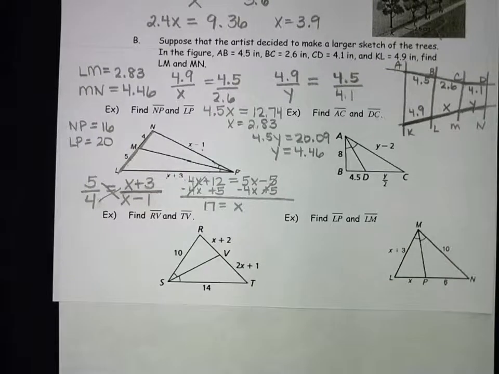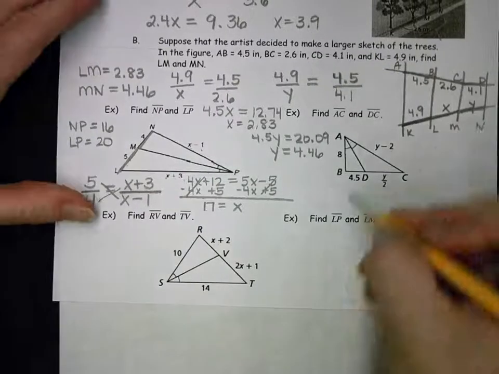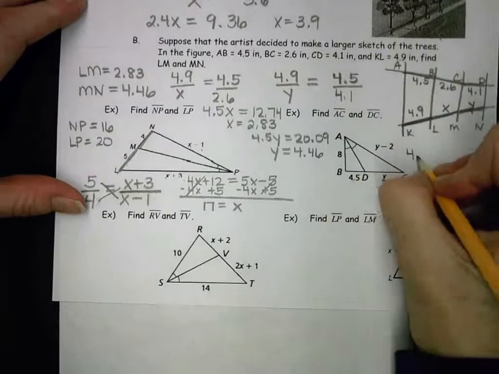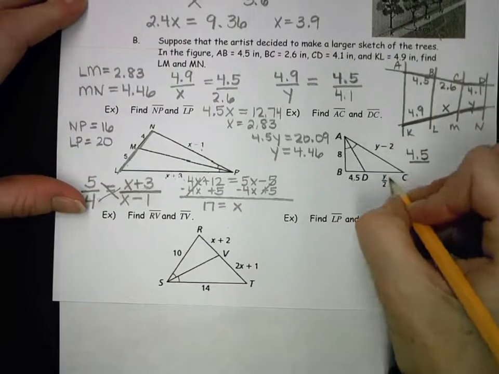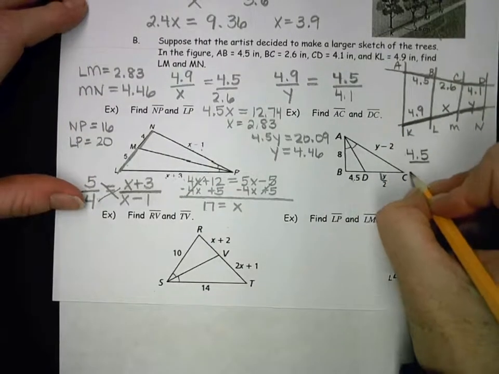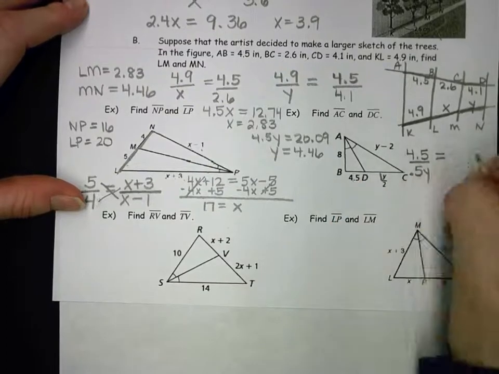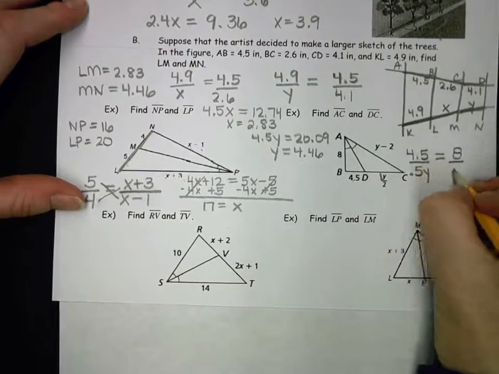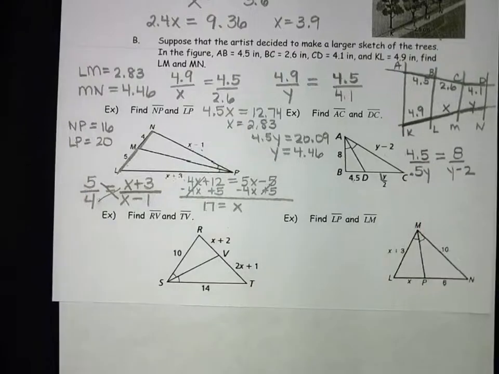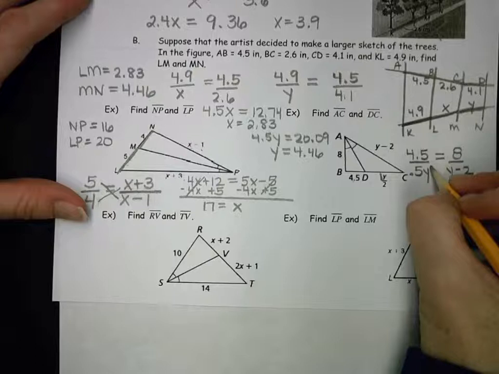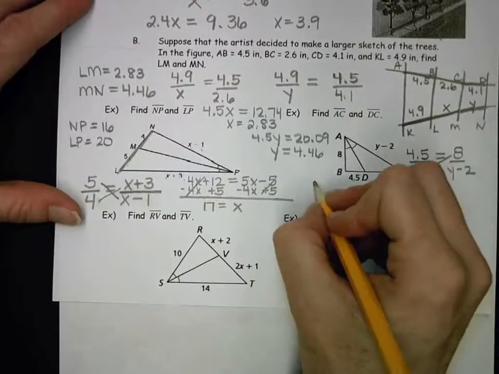In our next example, we're going to do the same thing. So I have 4.5 over y over 2. That's like a 1/2 y, so I'm going to make that a 0.5y just to make it simpler. 4.5 matches 8 over y minus 2. From here, we're just going to cross multiply and solve. 0.5y times 8 is 4y.